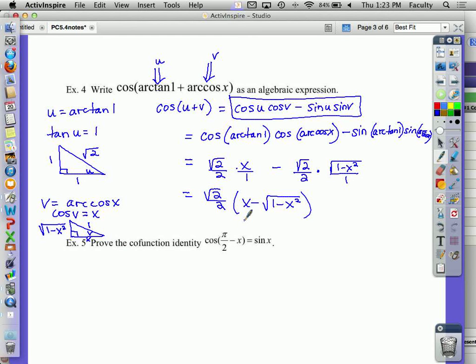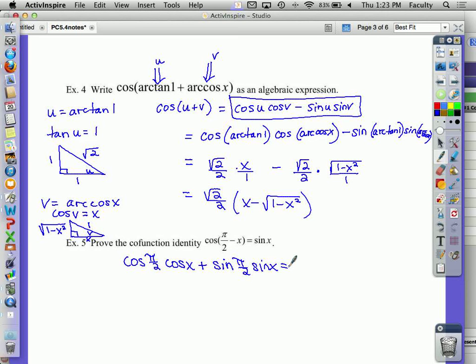On the left side, if I use my cosine formula for a difference, it's going to be cosine pi over 2 times cosine x. Now cosines have the opposite signs. And then it goes sine pi over 2 times the sine of x. Do you guys see how I expanded that?